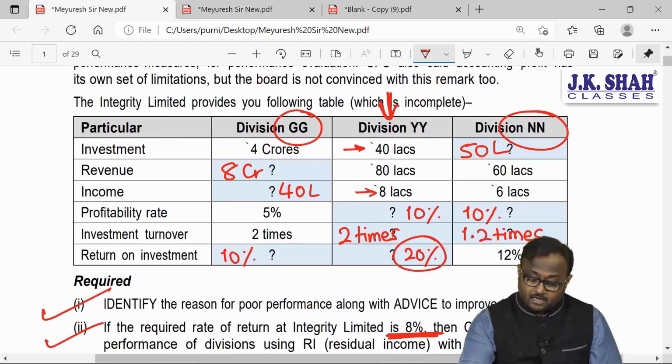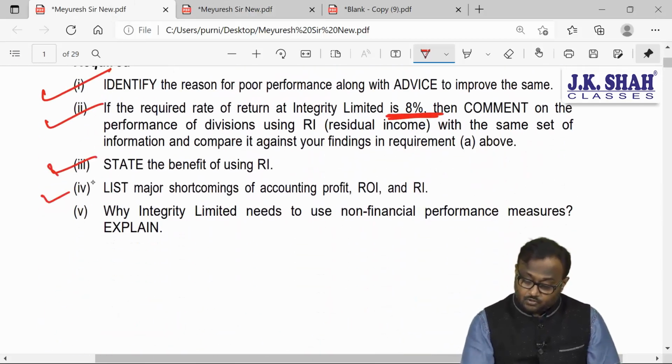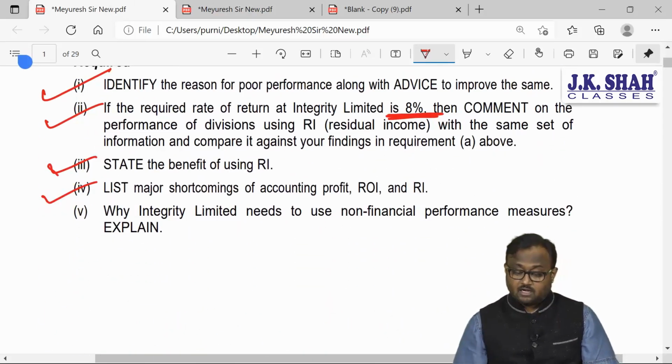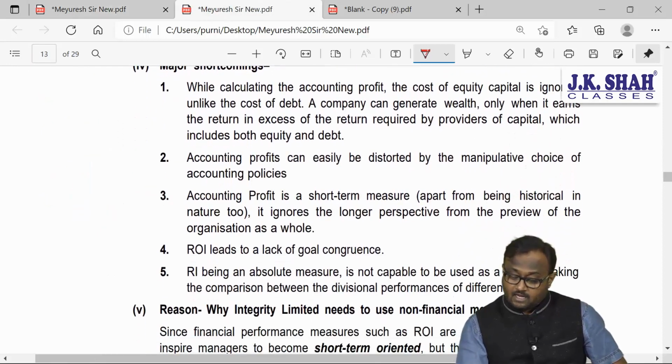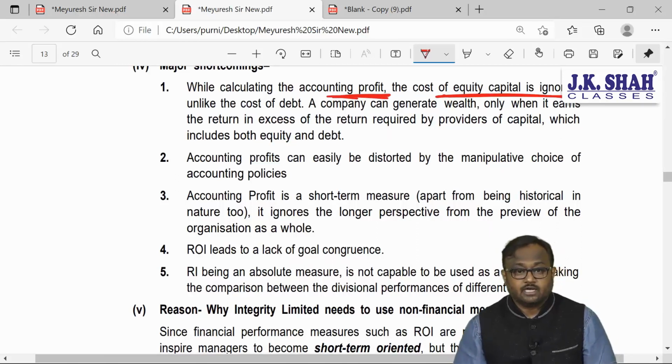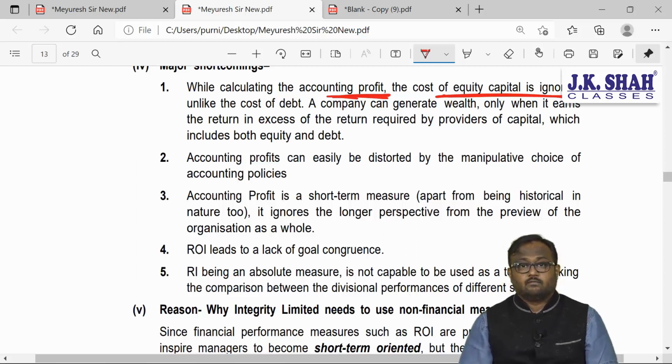Correct? What are the shortcomings of going for ROI, RI, profit? While calculating profit, cost of equity capital is ignored. The dividend that we pay is ignored. Of course, we do consider cost of debt, the interest and all, but we don't consider dividend.